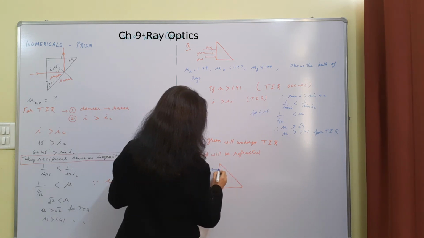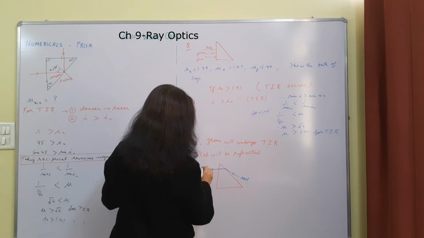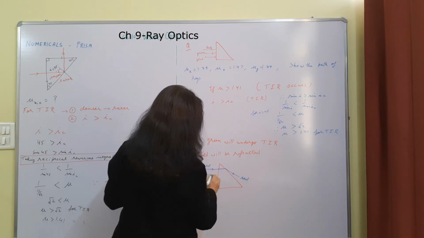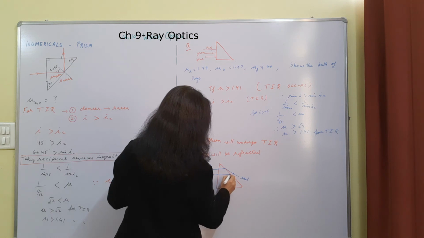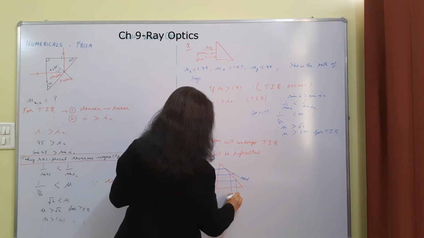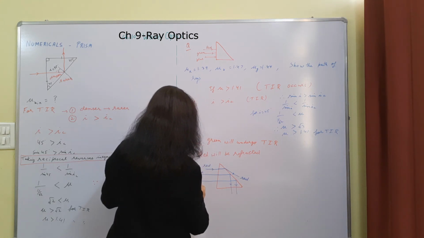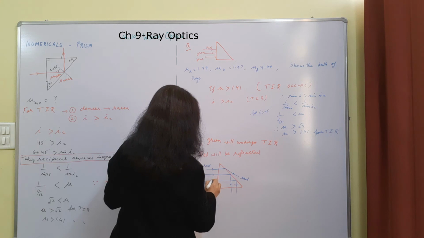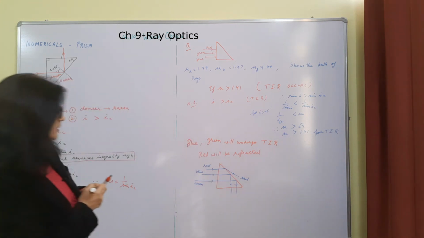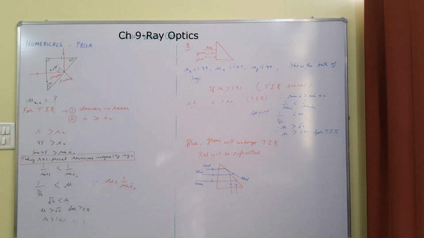So this is entering here, normal incidence, but this will be refracted. And blue will go here and it will be here, and green will also be reflected internally. Why? Because in these two cases the refractive index is greater than 1.414, right?